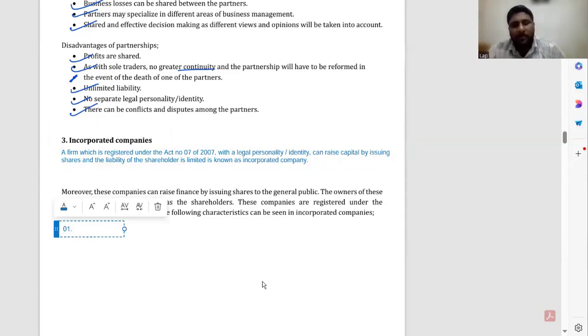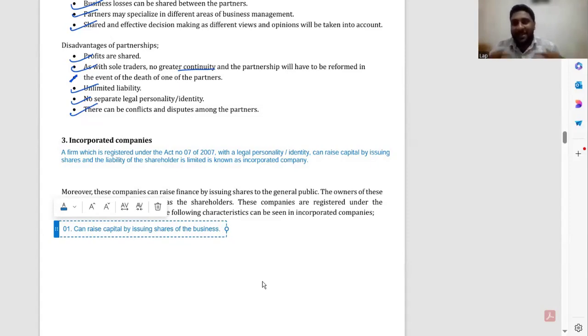You tell me certain characteristics. Just now I told you, it can raise capital by issuing shares of the business. You can get more money by giving shares of the business. Now in a sole trader business, I would have to give from my own body.